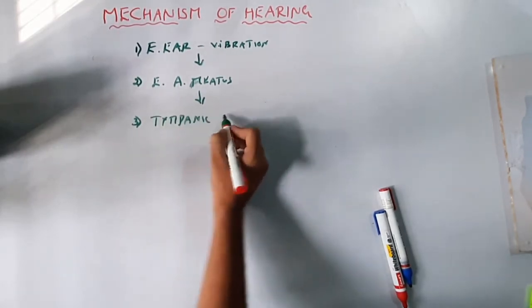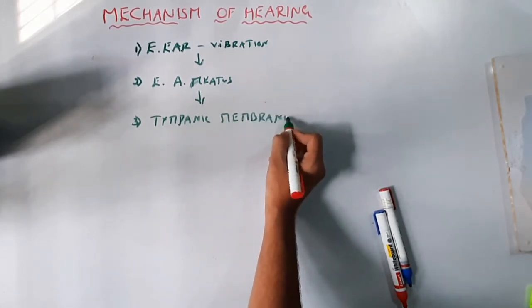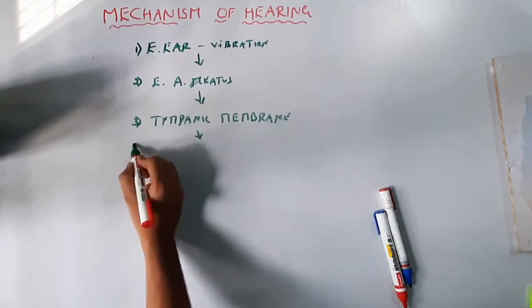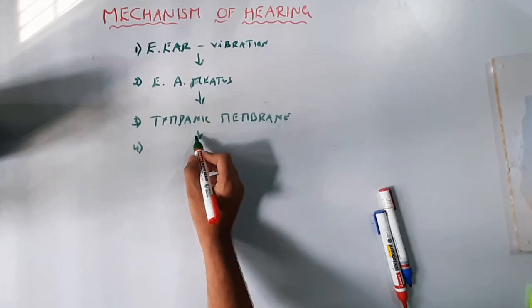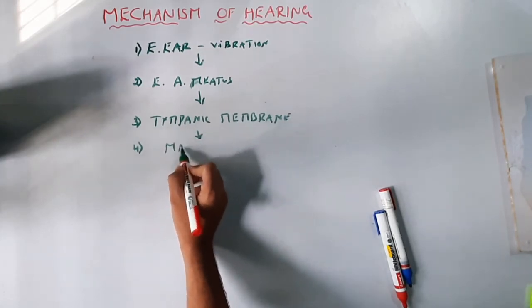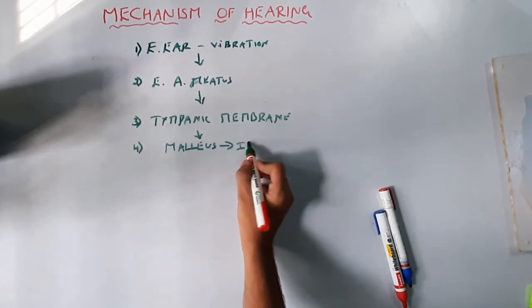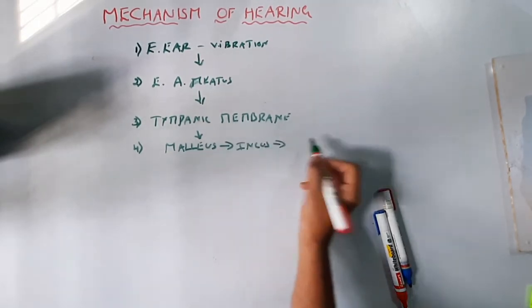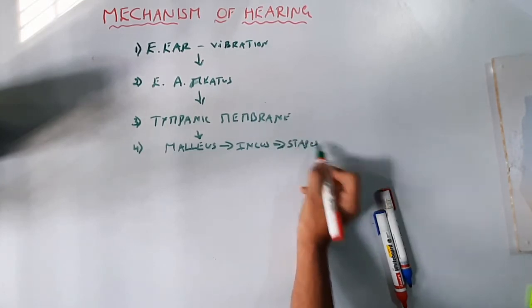So, tympanic membrane. Now the tympanic membrane transmits that vibration into the middle part of the ear, which contains the malleus. These are the ear ossicles. Next it goes to the incus. Then it is transmitted to the smallest bone, called the stapes.